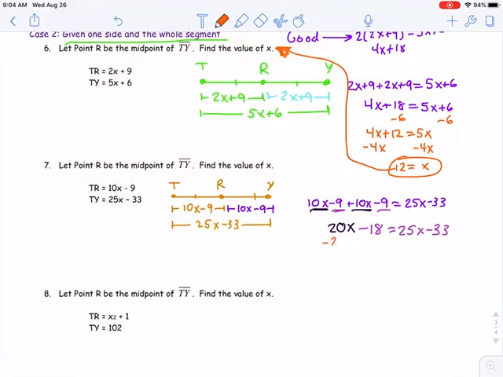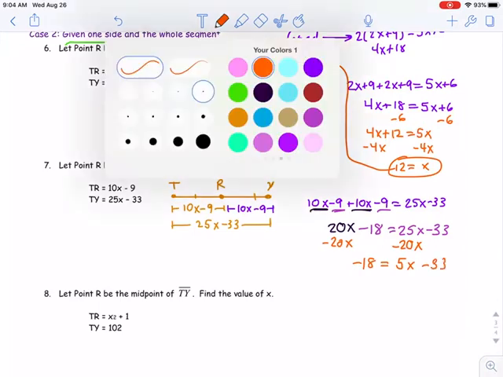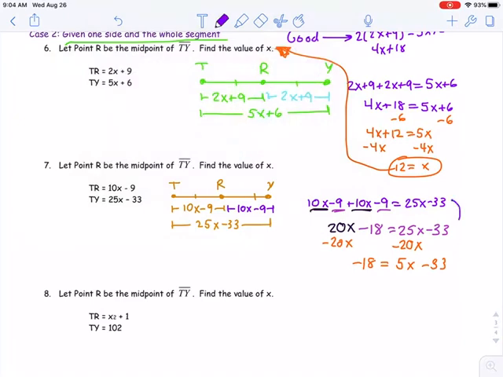And then I'm going to subtract 20x from both sides. I'm going to get 5x, still have a negative 18 on this left-hand side. And notice how I work it out, I don't do very much work. From this to here, not much work. From here to here, not much work. I just try to isolate and do one step at a time.